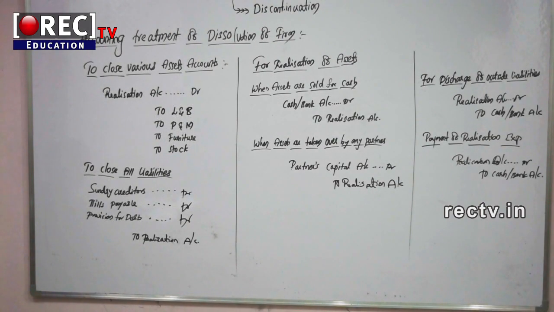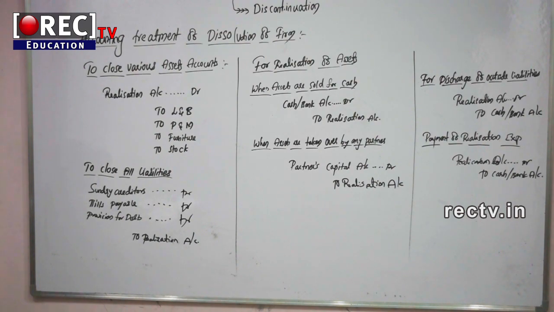Now we are going through the accounting treatment of dissolution of a partnership firm. In this, we have divided our work into two segments: realization of assets and settlement of liabilities, and the second one is settlement of accounts of partners.